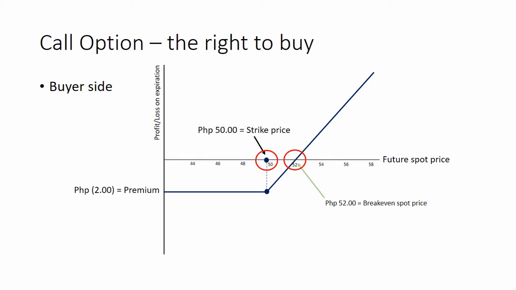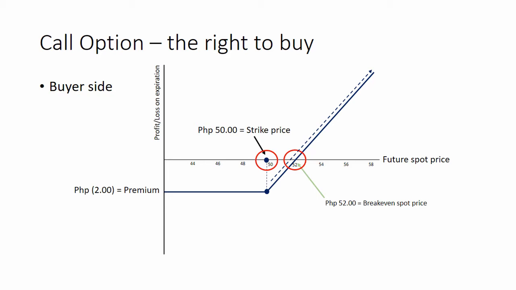This is signified by the blue line shooting upward to the right. As the dollar becomes more expensive, the more it benefits the firm. So the more they have a bargain.